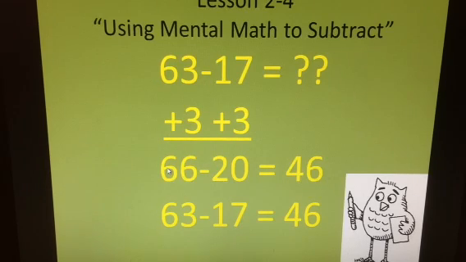Now he has to just subtract 66 minus 20, which is the same as the original problem with 3 added to each part, and he gets his final answer, 46. So since he did 66 minus 20 equals 46, he knows 63 minus 17 also equals 46.